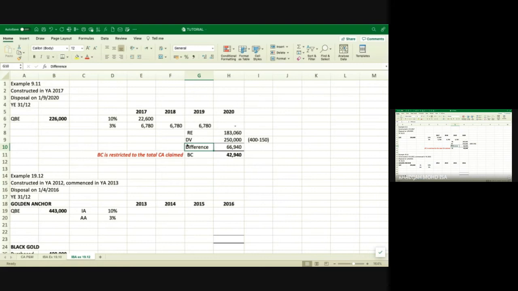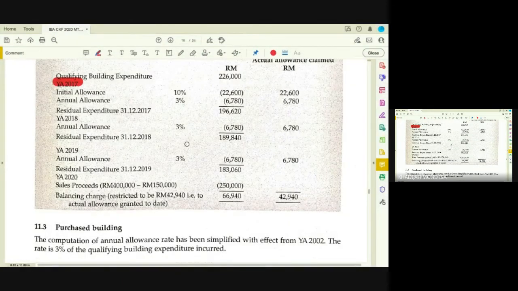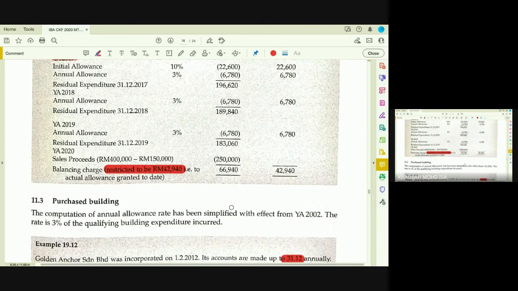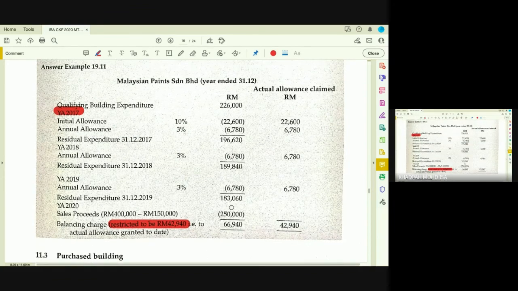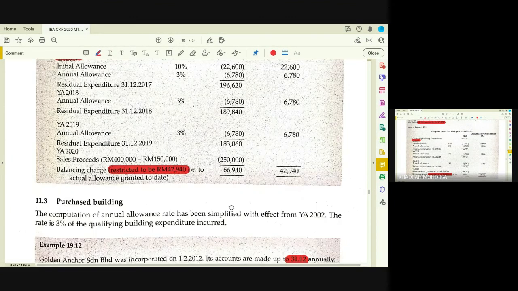So you just have the IA line, and then you have the annual allowance, and then you compute your RE, DV, and the difference. And of course, in this case, the BC is restricted. So here the sales proceeds, and then the balancing charge is restricted to the actual allowance granted. So you are clear about this, yeah? The balancing charge restriction. Any question on this? No questions. Okay.